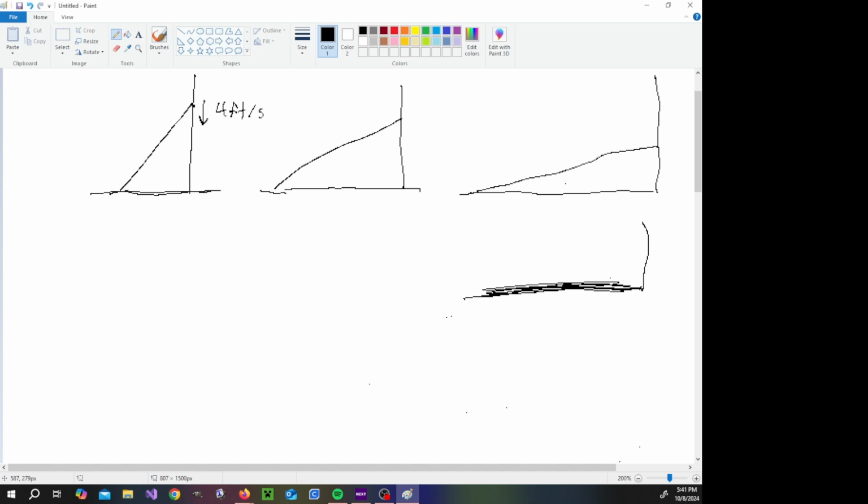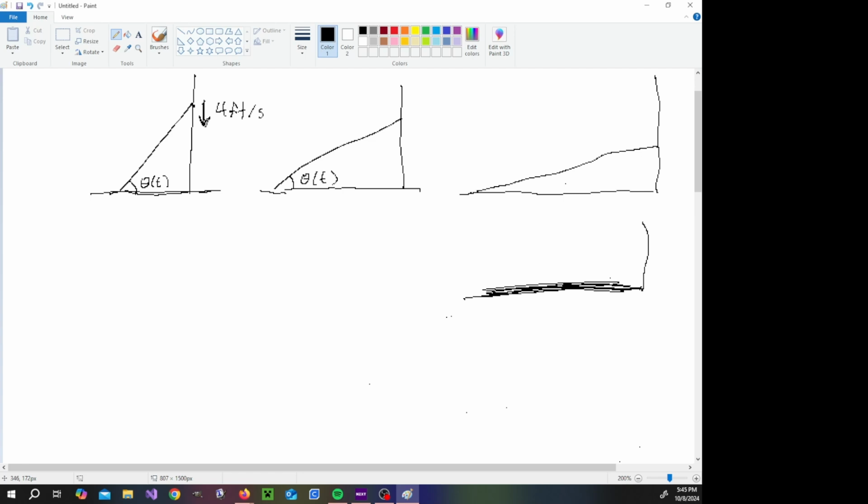So not only is it falling vertically, right, the top of the ladder falling at 4 feet per second, but this angle here, if we call this theta, is also decreasing, right? So it's kind of more accurate to recognize that as a function. So our theta is decreasing as time goes on as well.